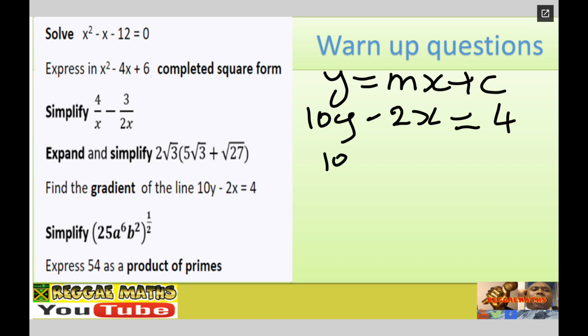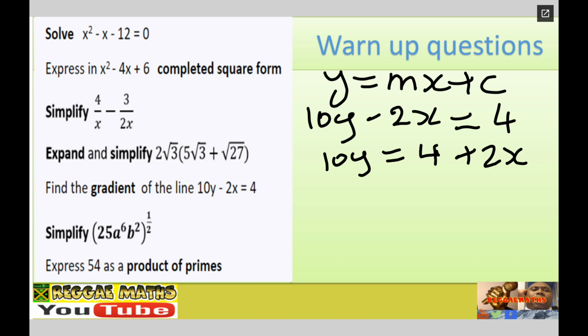So we have 10y equals 4, take the 2x to the other side, it becomes plus 2x. My next step is to divide through by 10.